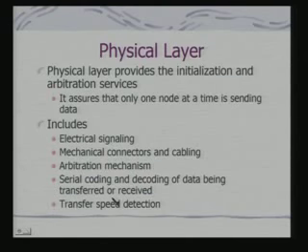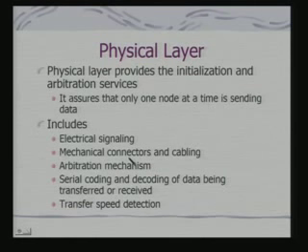So the physical layer provides what we call the initialization and arbitration services. It assures that only one node at a time is sending data. Now the other aspects which this physical layer management module includes are electrical signaling, mechanical connectors, specification of mechanical connectors and cabling.